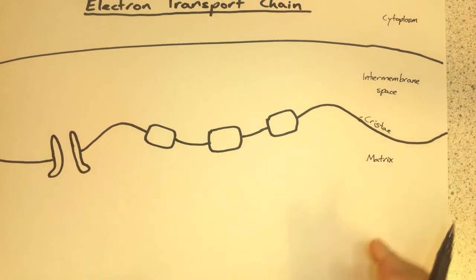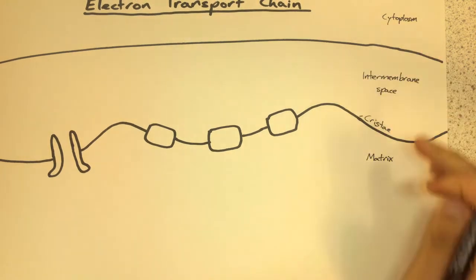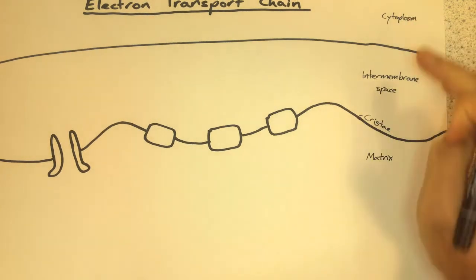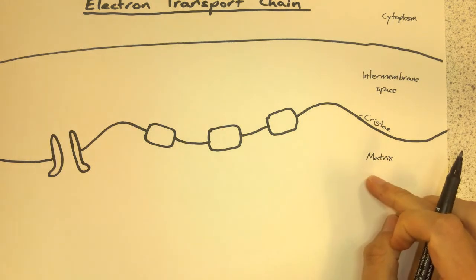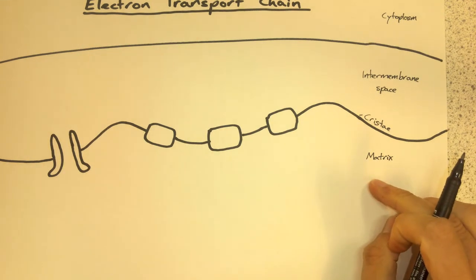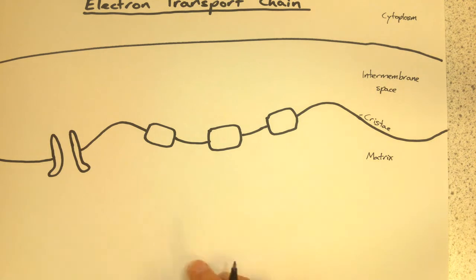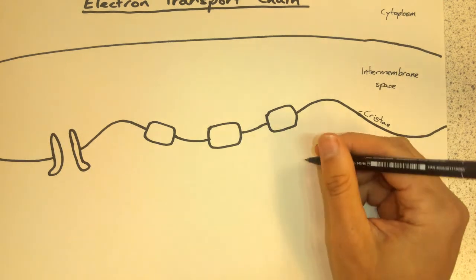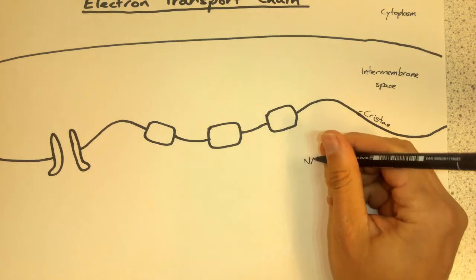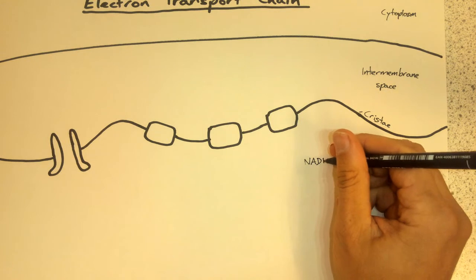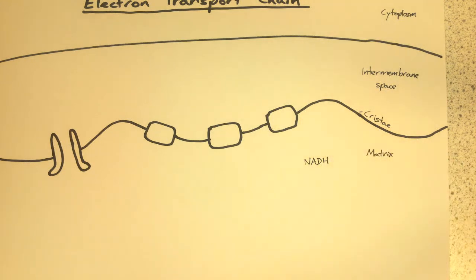So in the previous videos we discussed the process of glycolysis, which happens in the cytoplasm, followed by the link reaction and Krebs cycle that happen in the matrix. One of the products of each of those reactions was NADH, the coenzyme high energy electron carrier.